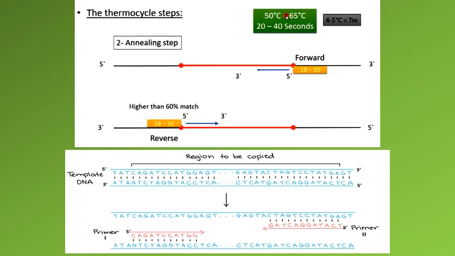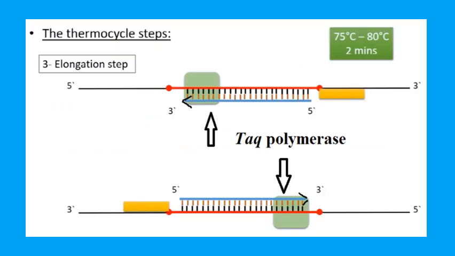However, we will go to the third step of the PCR protocol. The third thermocycle step of PCR is called the elongation step.